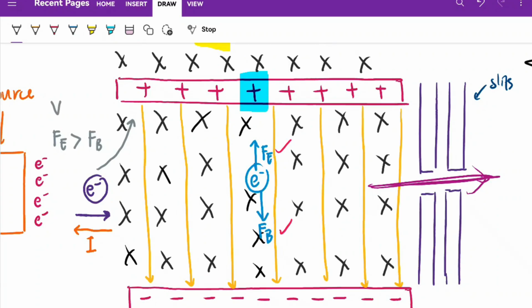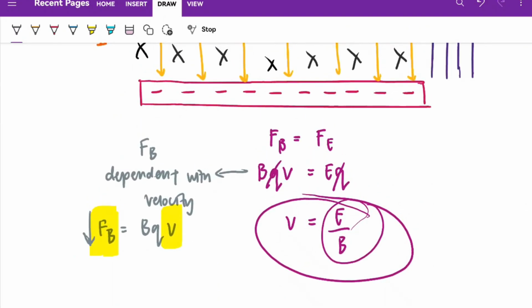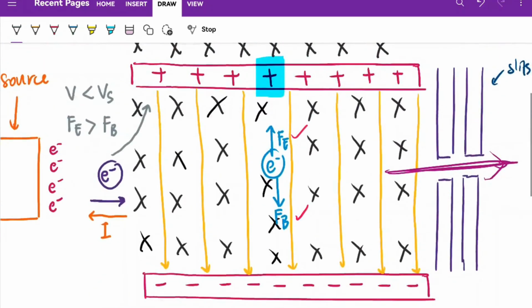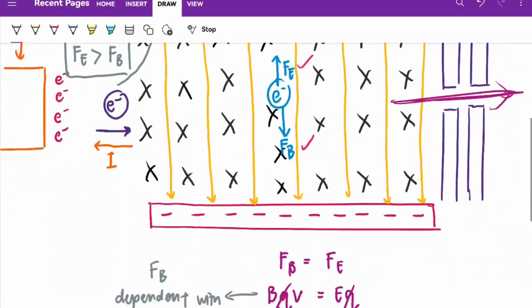That means our velocity of the electron is less than the velocity of the velocity selector, or less than the required velocity needed to pass through the slit. Okay, because from this formula, if magnetic force decreases, velocity decreases. It's directly proportional. So this is the case when it's deflected upwards.